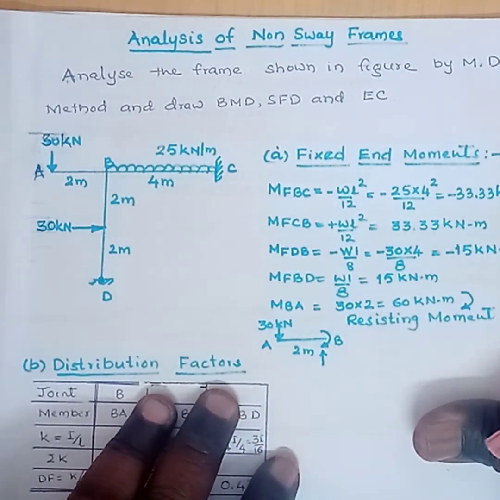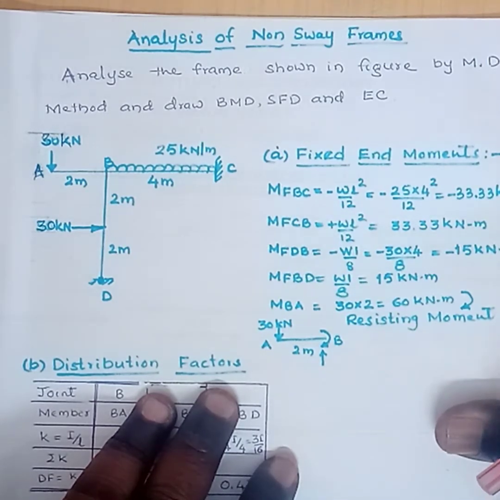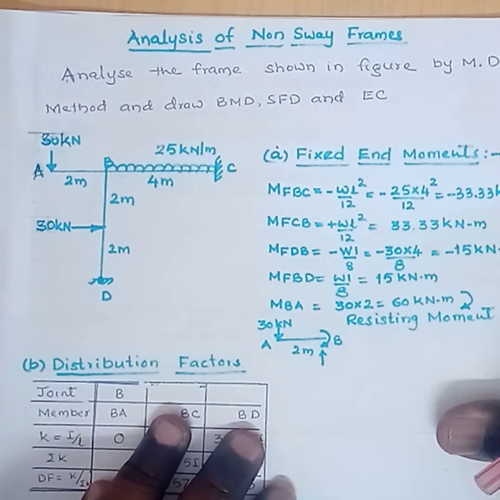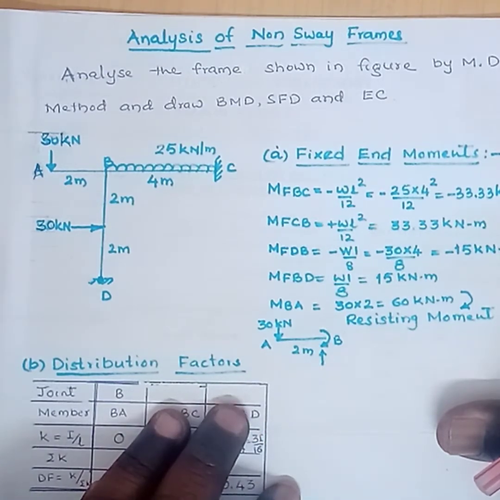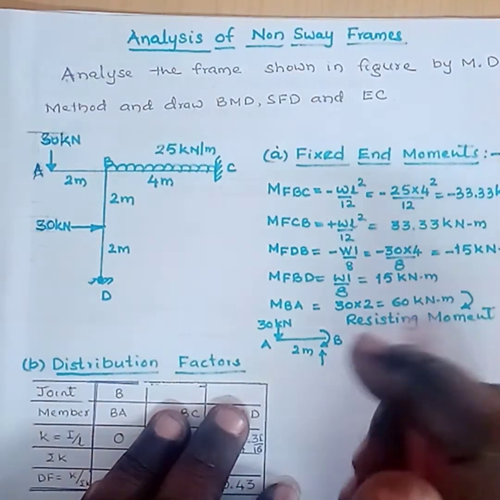If the horizontal member is fixed or hinged, and it is geometrically symmetrical or symmetrical with respect to load, then it is considered a non-sway portal frame. Now we will discuss the analysis of non-sway portal frames.